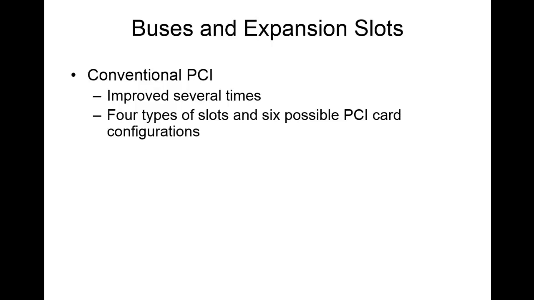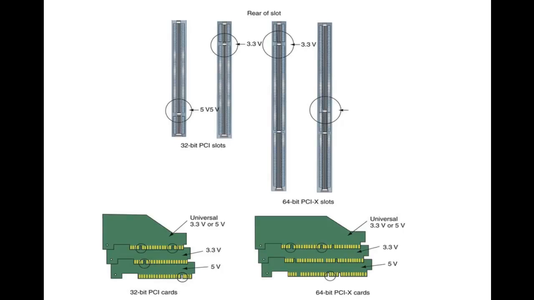A universal PCI card can use either a 3.3 volt or 5 volt slot and can contain either of those notch configurations. Take a look here to see that complexity. We have 4 different types of slots up here, and you see where the rear end of the slot is located. Down here we have the 6 different possibilities based on whether it's a 32-bit or 64-bit PCI card, and you can see different notch configurations can work.